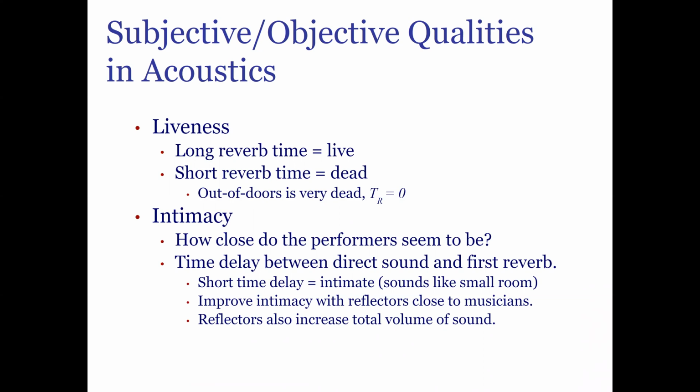And then you have a really short lag time between the direct sound and that first reflected sound because it's coming only a few feet from behind the performers. And so you can make a really enormous room sound a lot smaller by putting those reflectors back behind the musicians.